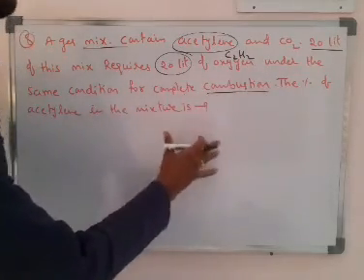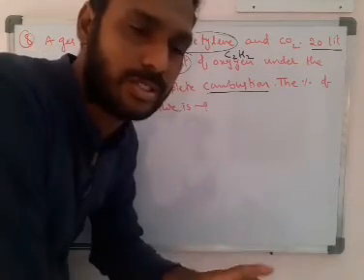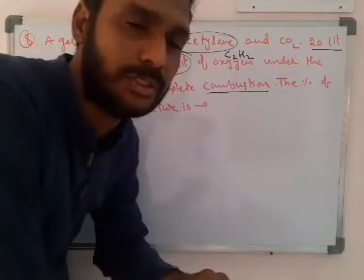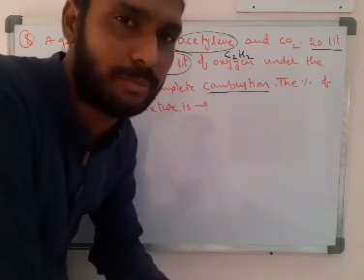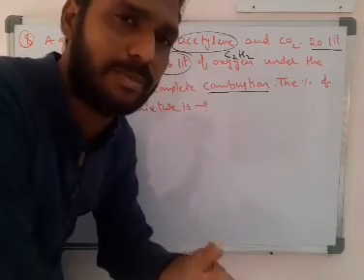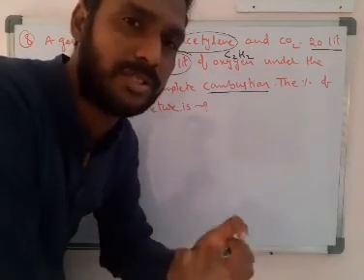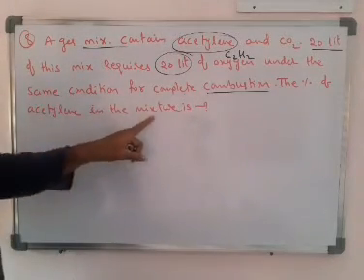Combustion means the complete oxidation of a compound, the total burning of the compound in excess air. In a combustion reaction an element or a compound undergoes complete oxidation. We have to find the percentage of acetylene in the mixture.